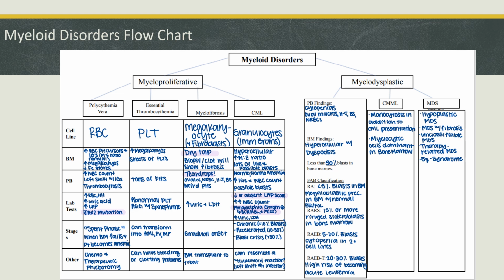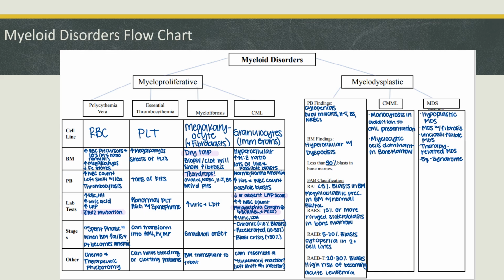Now, this is going to be associated with an increased LAP score. And then the telltale of polycythemia vera: with all of these little pieces of the puzzle, the chemistry testing, the bone marrow findings, the LAP score, all of those things are pieces of the puzzle, but really we are going to have that JAK2 mutation to put all the pieces together.